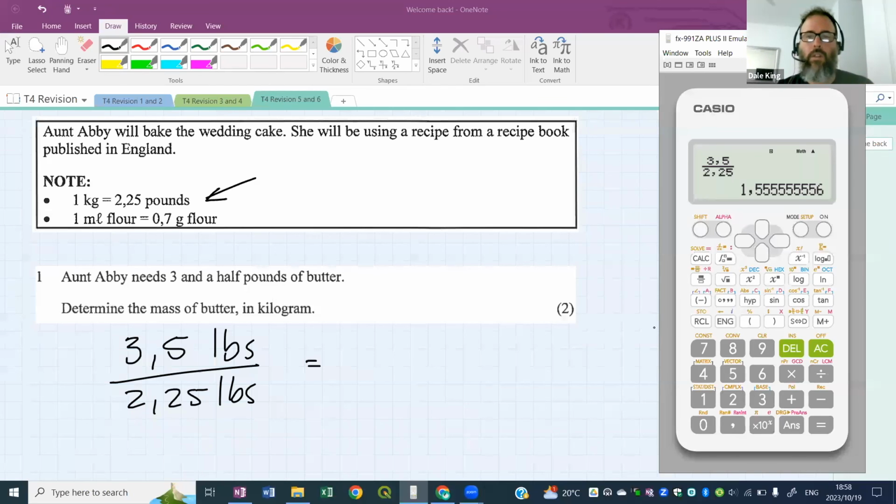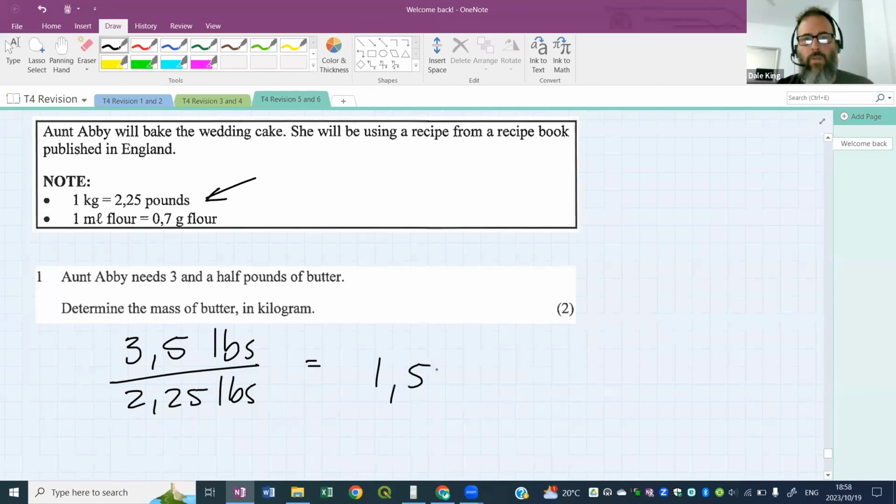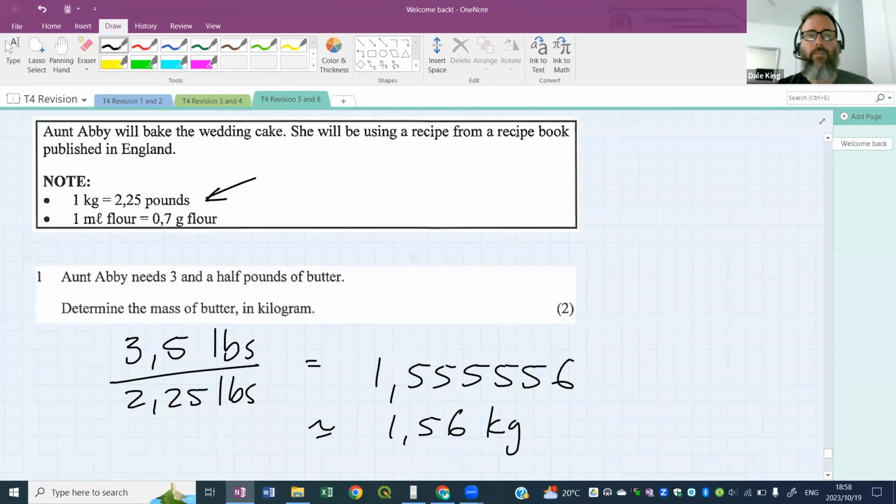There we go. 1.5555555. Rounding off, 1.56 kilograms.